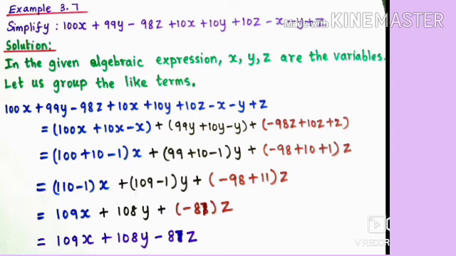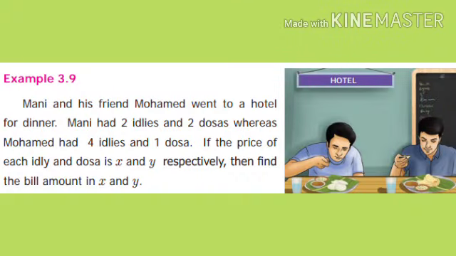Example 3.9. Mani and his friend Muhammad went to a hotel for dinner. Mani had 2 idlis and 2 dosas, whereas Muhammad had 4 idlis and 1 dosa.